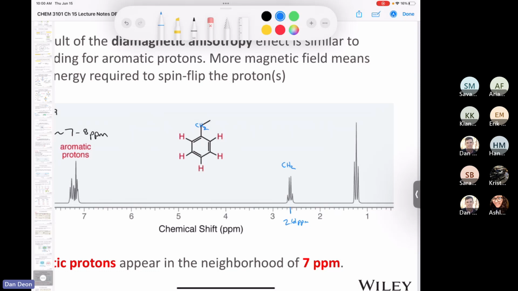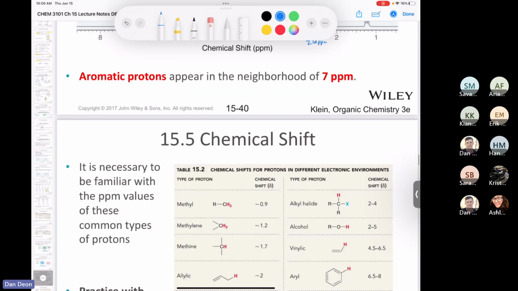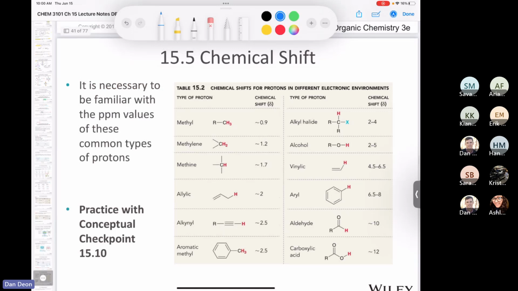Now, if you're wondering about chemical shifts for other functional groups, I just happen to have this table. So what I'm going to give you again for quiz 1 is some version of this table. Familiarize yourself with this table for the quiz, and memorize it for the final exam.